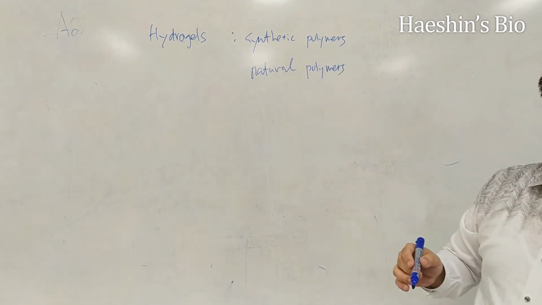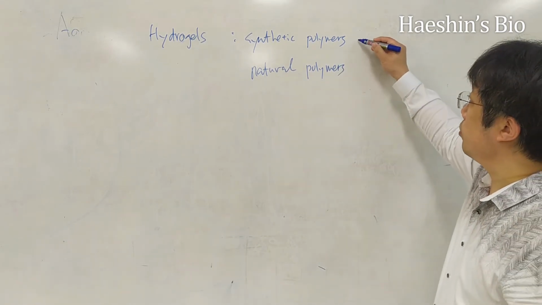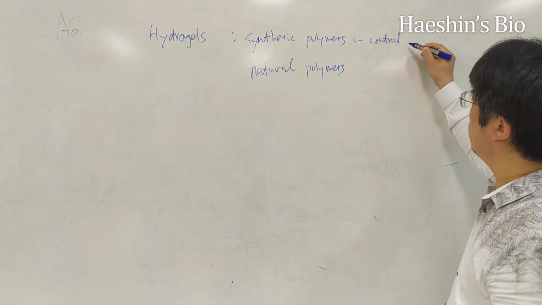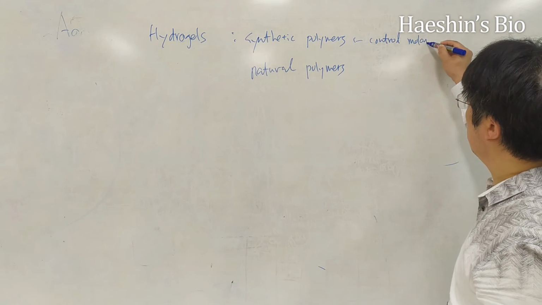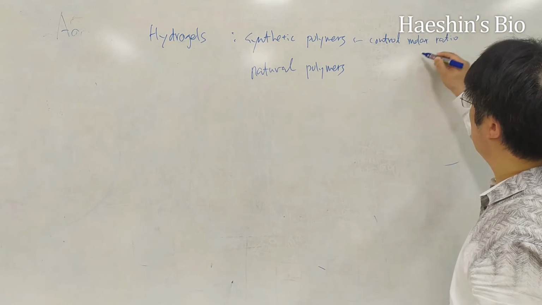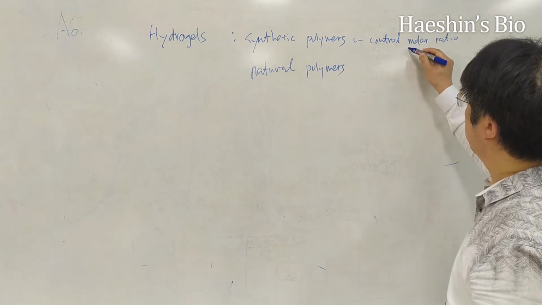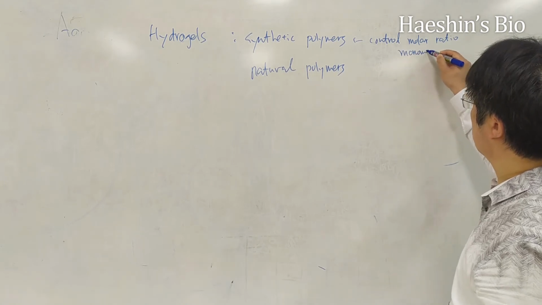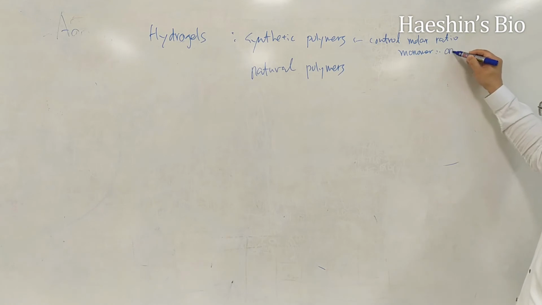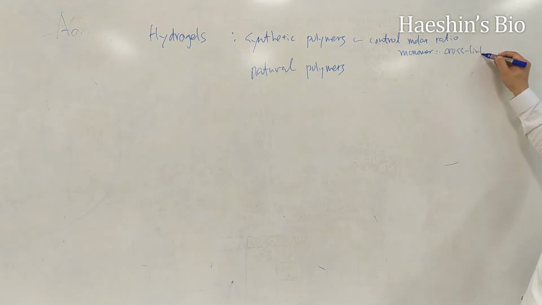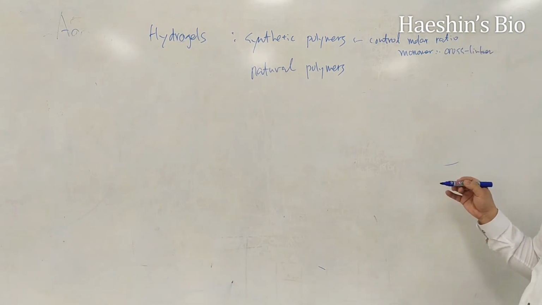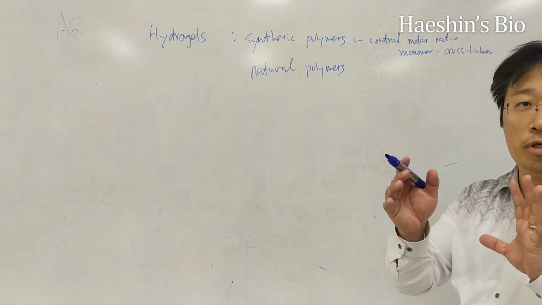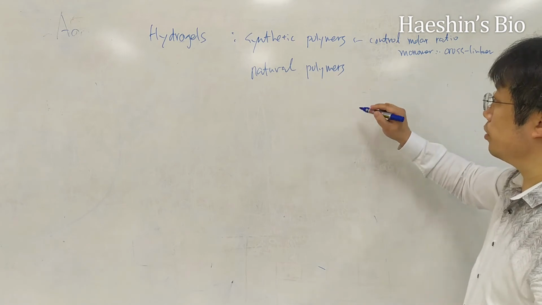So for synthetic polymers, we control the molar ratio between the monomer and, I should say, the cross-linker, which was the bisacrylamide case. We basically control the pore size by controlling the molar ratio between these two components.